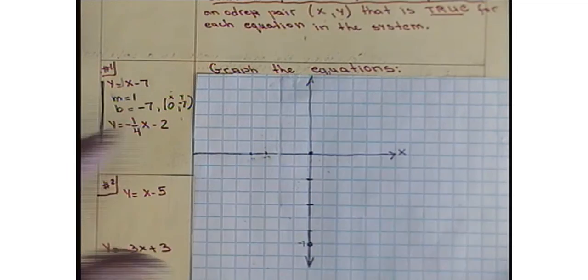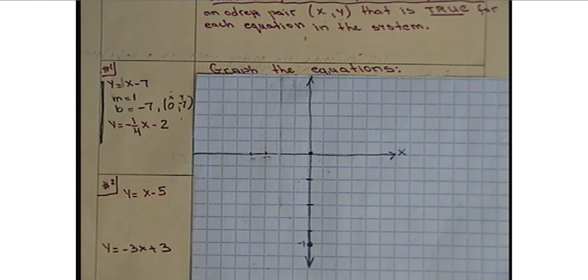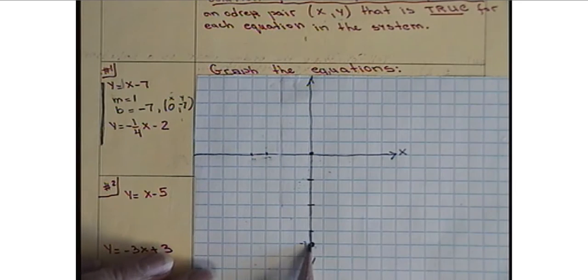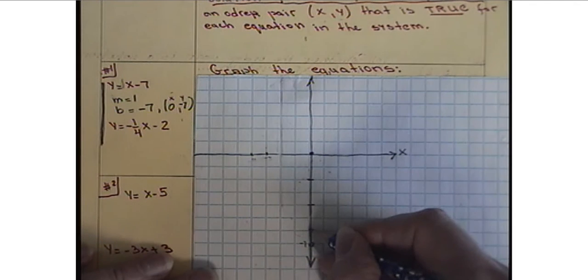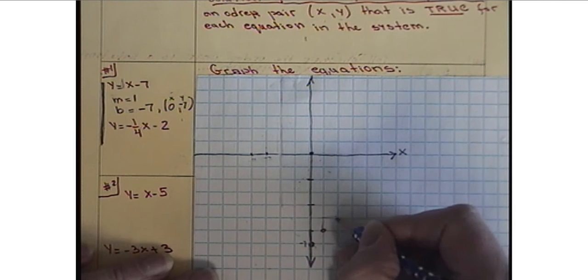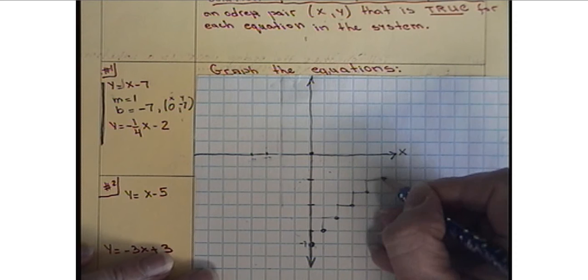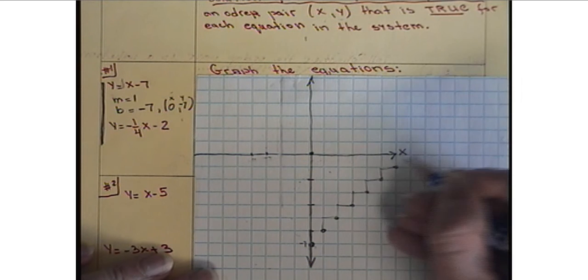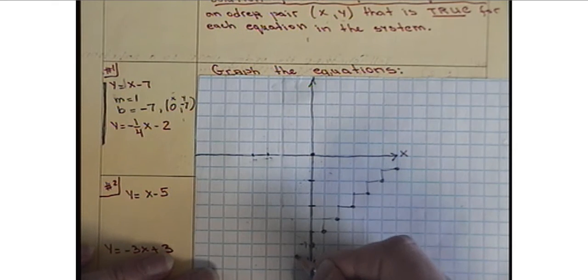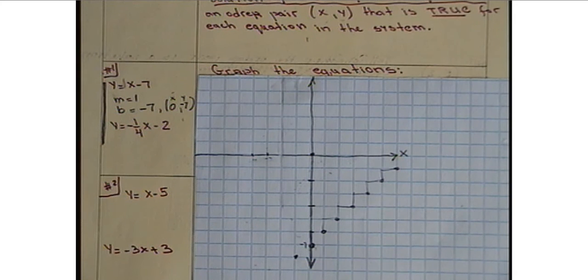Okay. Now, if I start with b, the first point, -7 on the y-axis, then I have to apply the slope. 1 over 1, positive slope, 1 over 1, 1 over 1, and we can keep going. It's also very important that you plot all the points.